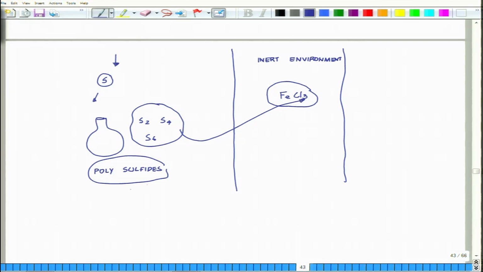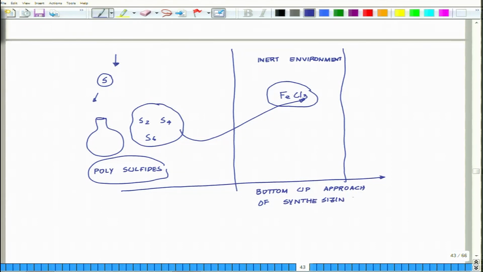And this is one of the processes of the bottom up approach of synthesizing FeS2 nanoparticles, and in an inert, organized environment, this reaction happens.